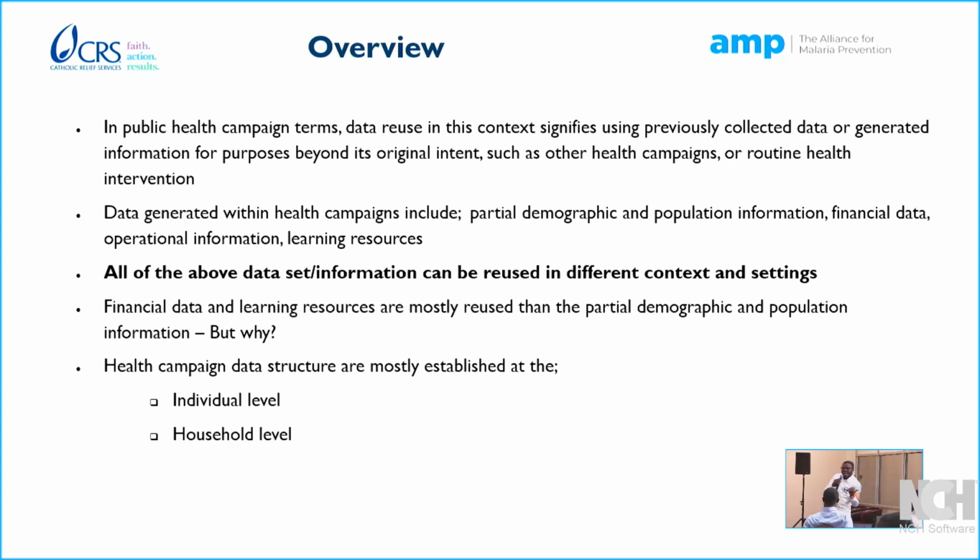But we don't do the same with the enumeration data. So why do we trust the financial data more than we trust the operational data? Who can explain why? Yes, please. Well, financial data is funded, it's numbers. We have prices.